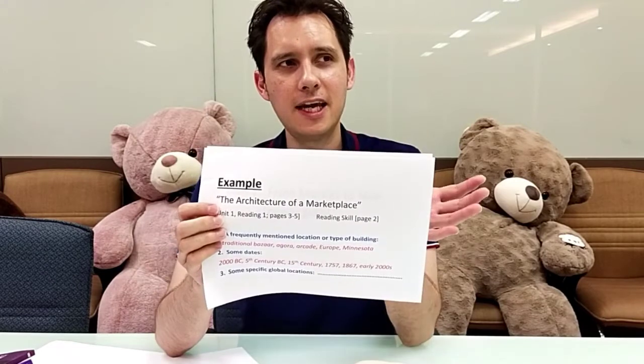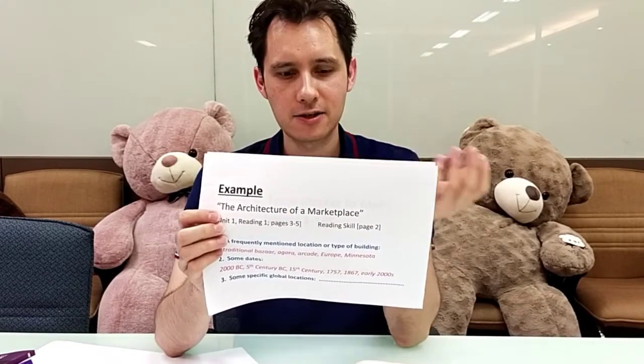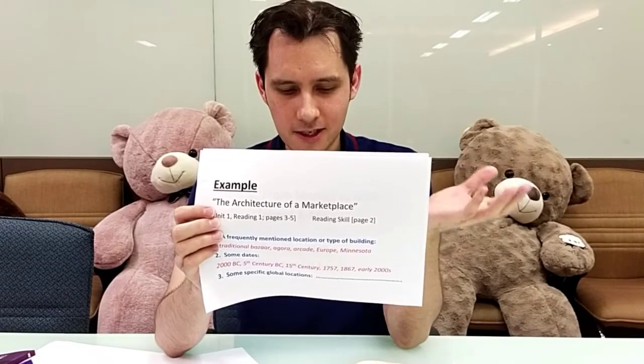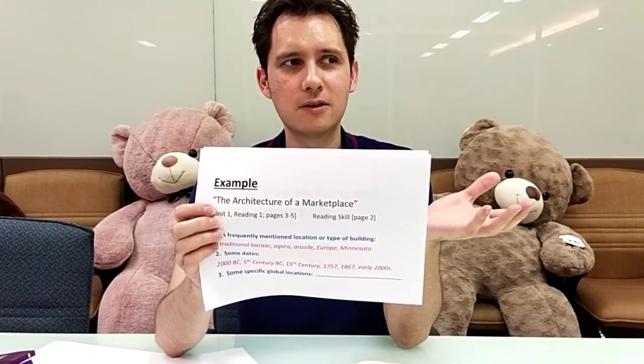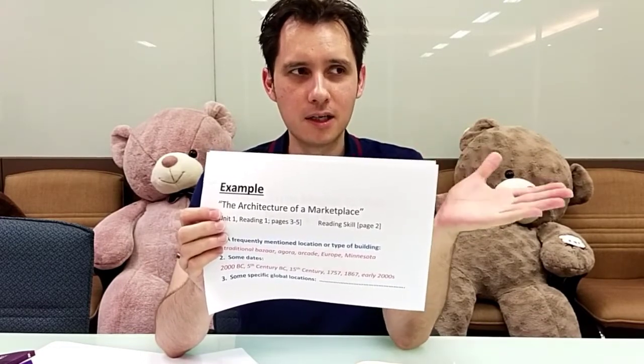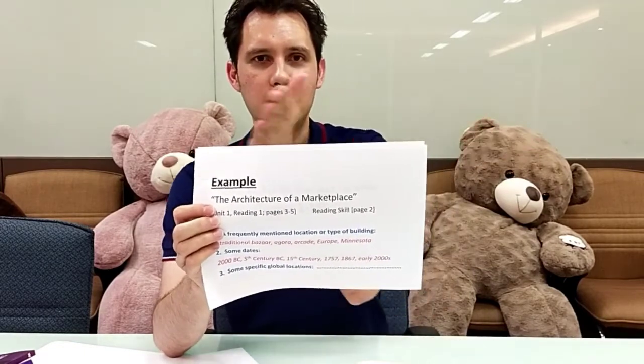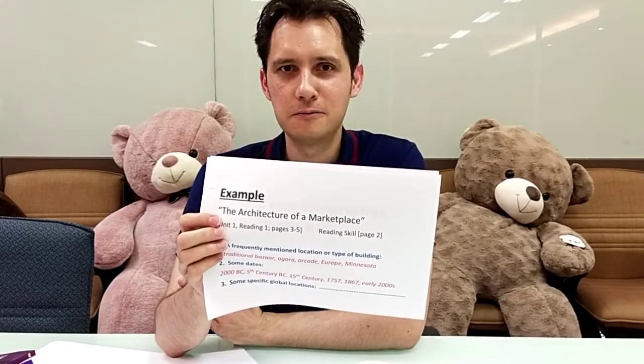When I see those dates, I automatically think that this is a history of not only the architecture, but the history of the marketplace. So my prediction is that this text will talk about the chronology of the development of the marketplace, how people shop from 2,000 or 3,000 years ago to today.